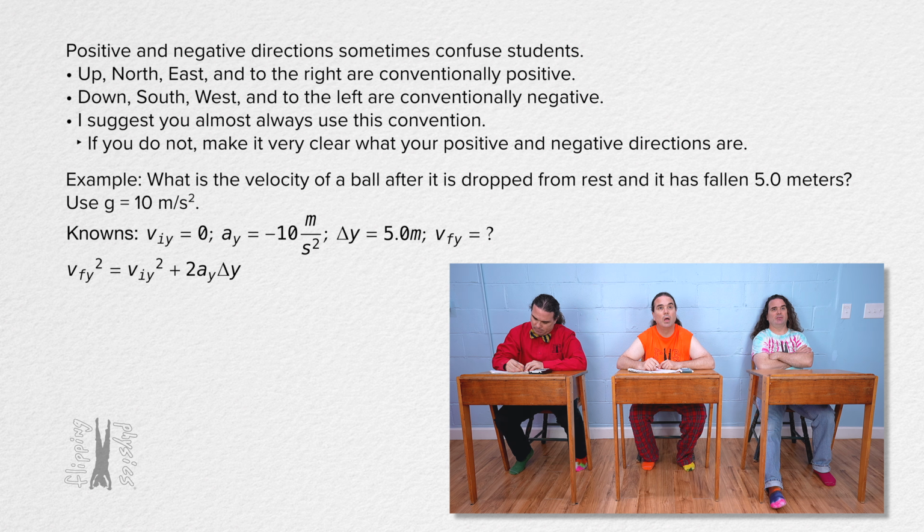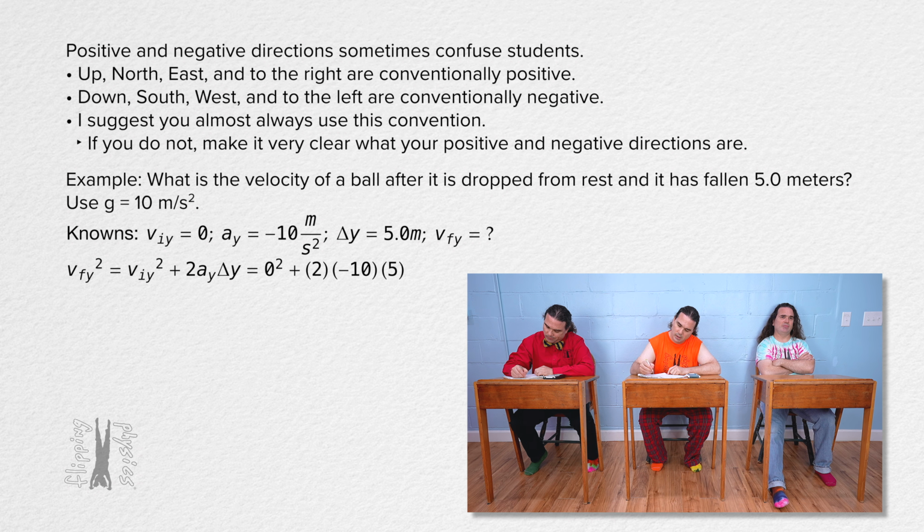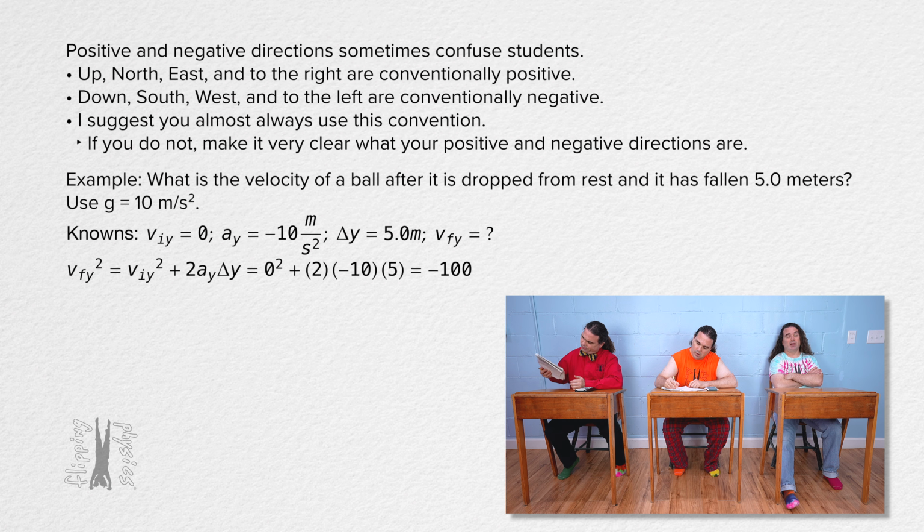Velocity final in the y direction squared equals velocity initial in the y direction squared plus 2 times the acceleration in the y direction times displacement in the y direction. Substituting in the numbers gives us 0 squared plus 2 times negative 10 times 5, which equals negative 100. So the final velocity in the y direction equals the square root of negative 100.